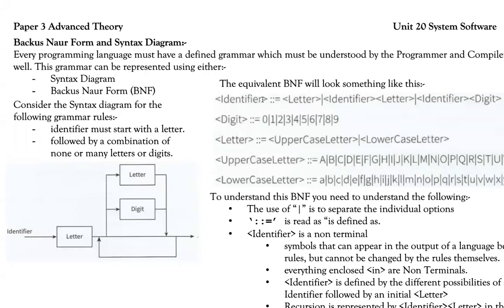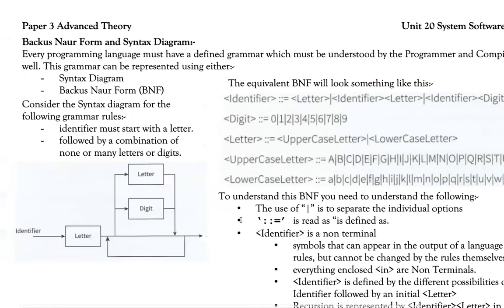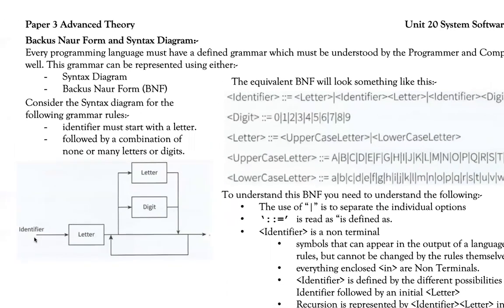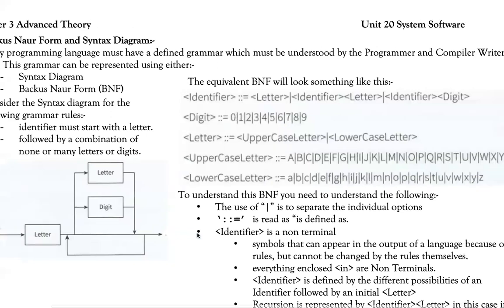The difference between Backus form and your syntax diagram is that Backus form uses this symbol to specify non-terminals, whereas your syntax diagram represents non-terminals using this rectangular shape. Now, as you can see here, this rule specifies that I can have one letter and I can call it an identifier. That's it, finished. And that's fine.